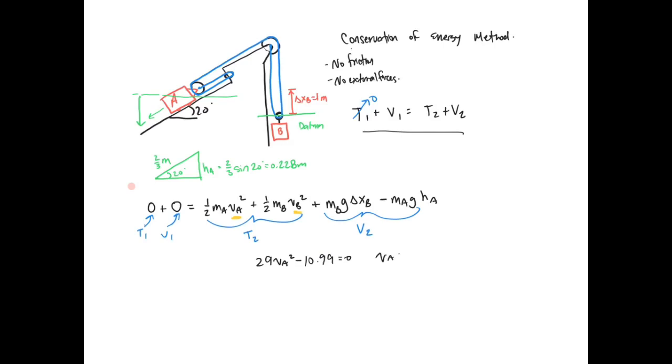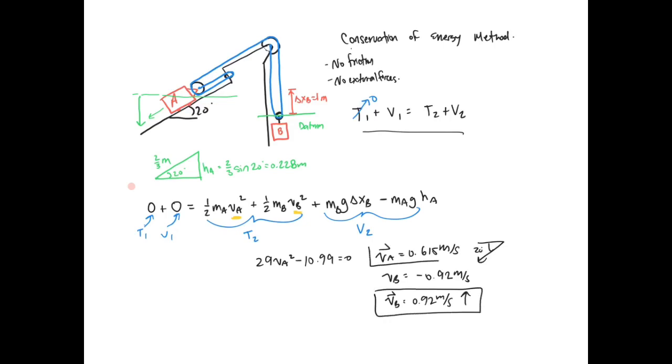And our VA is equal to 0.615 meters per second down the slope. Our VB comes out the same as negative 0.92 meters per second, which means our VB is 0.92 meters per second upwards. So in this case, our results are exactly in agreement with the principle of work and energy.